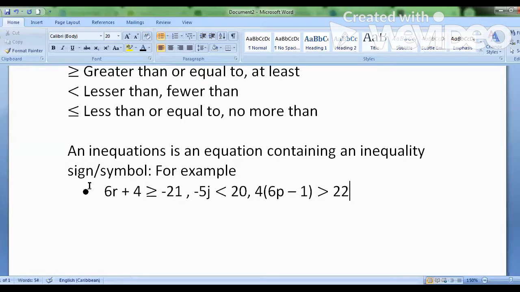These are examples of inequations. They're just regular equations containing the inequality sign.